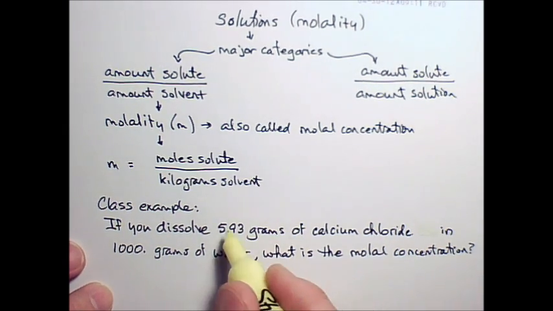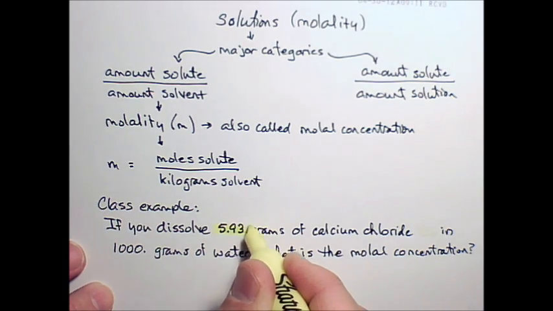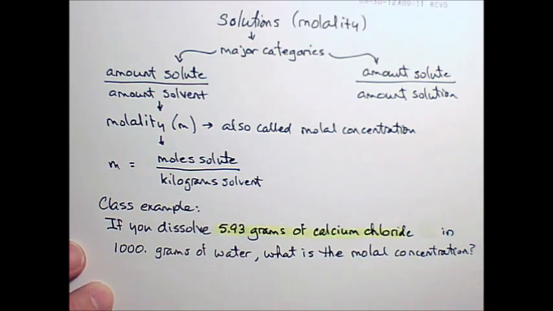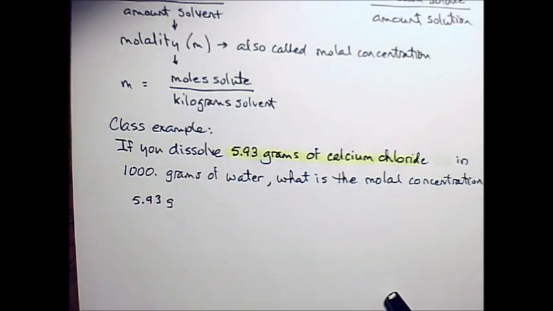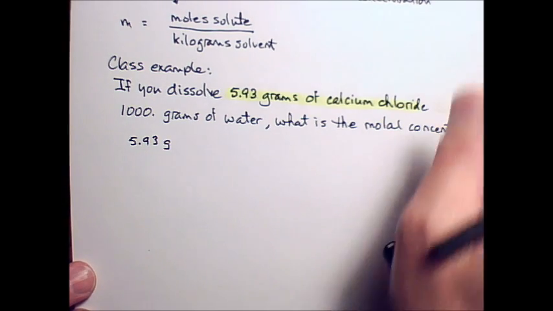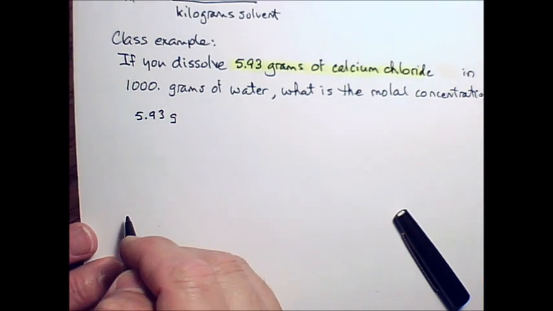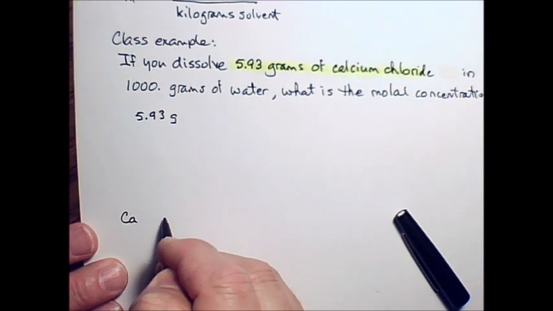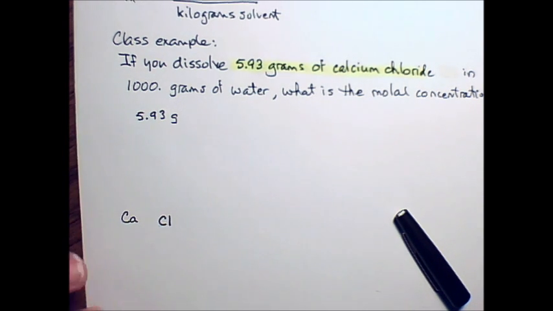So the thing that's being dissolved is the calcium chloride. That's what needs to go on top of the fraction. 5.93 grams. Now we need to know the correct formula for calcium chloride. CaCl2. If you just didn't remember that, you've got calcium and chlorine.